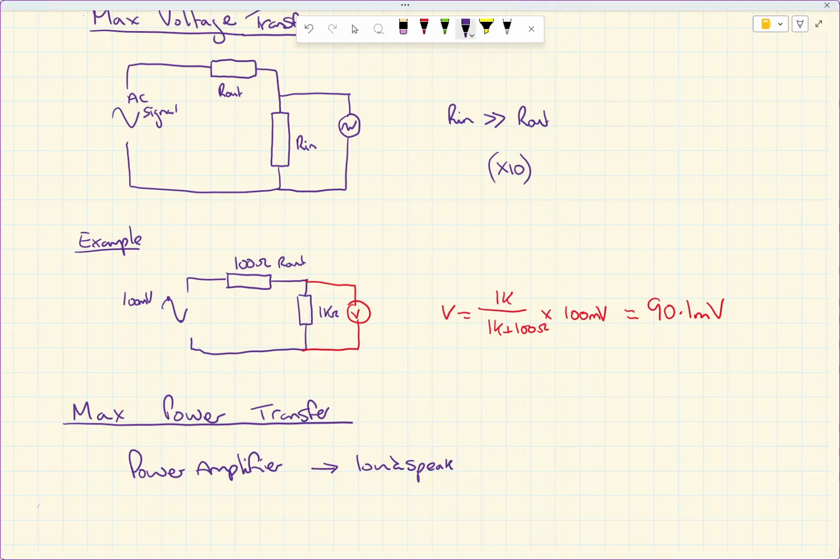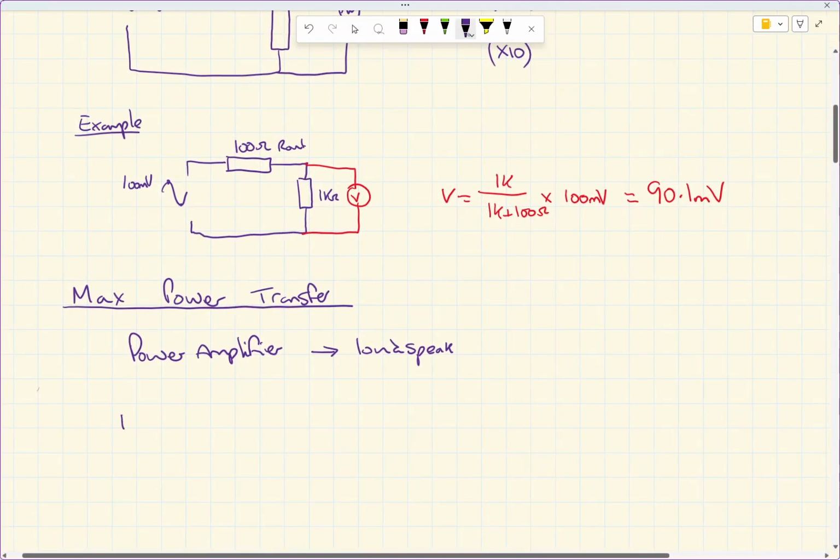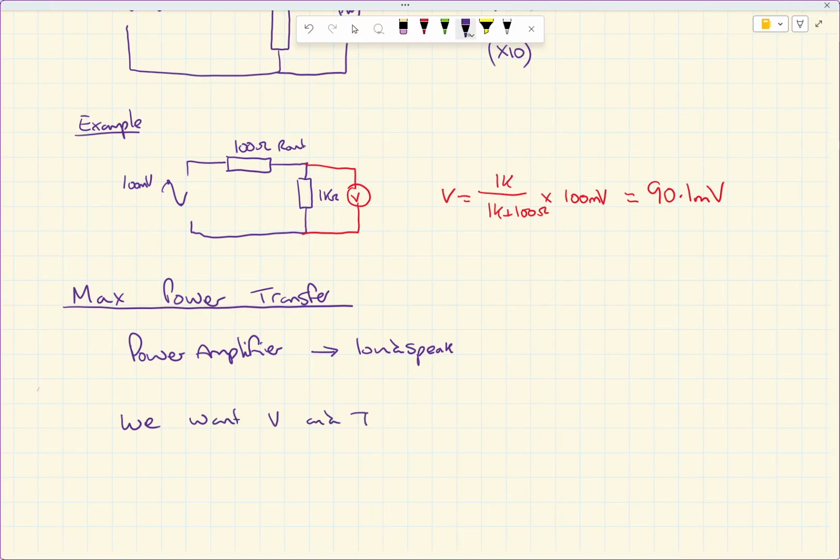That's where we want maximum power transfer, and ultimately we want V and I to be at their maximum, at the largest values that we can have for them, because power ultimately equals IV. Okay, so for this to happen, the difference is going to be that our resistance out from the stage needs to be equal to the input resistance.